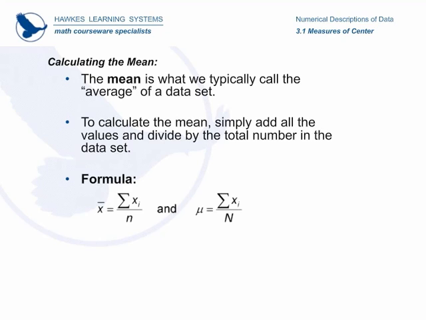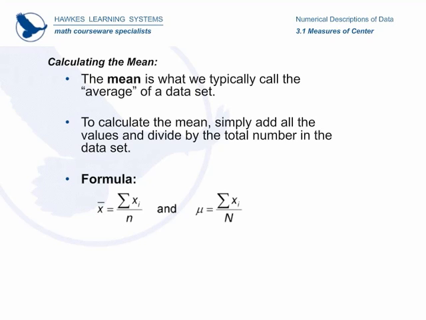Here we have the symbols for mean, which is x-bar equals the summation of the data values divided by the total number of data values. The x-bar represents a sample mean. We also have population means, and that is represented by the Greek symbol mu.